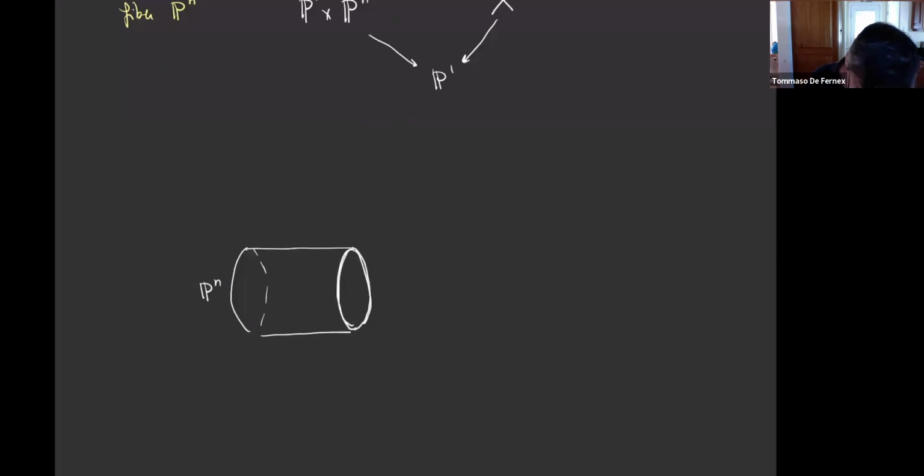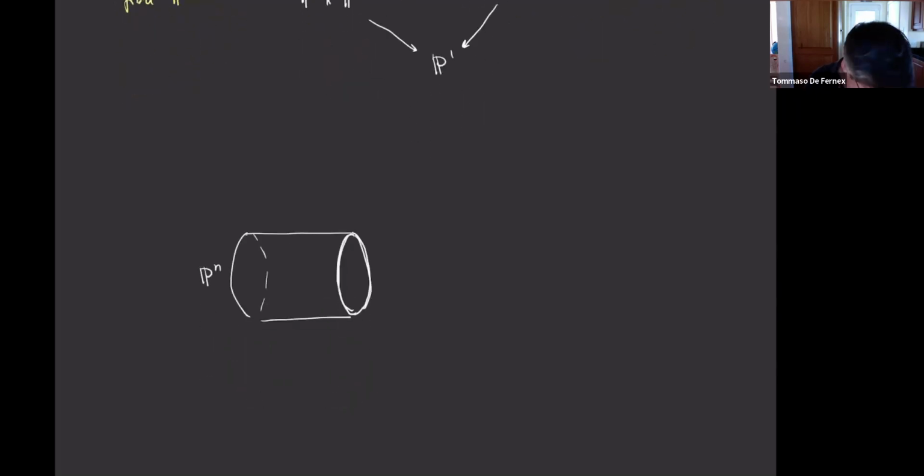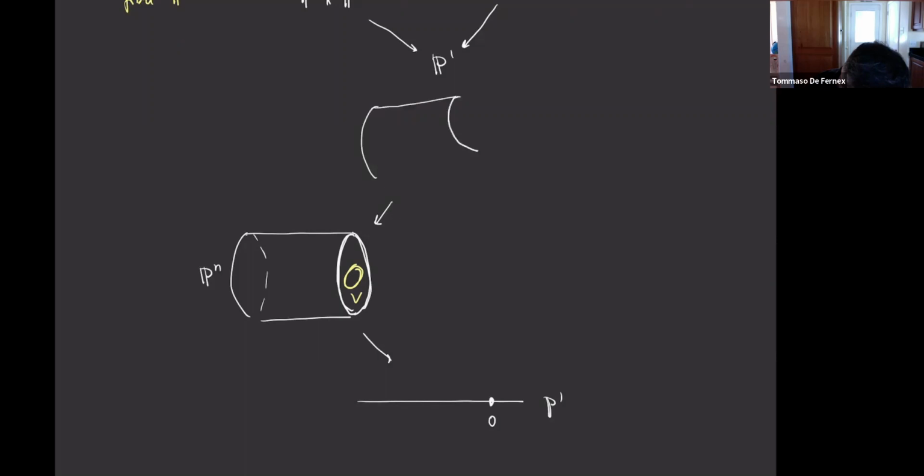And what I do is that I'm going to pick up some hypersurface, which I'm going to call V. I have a P1 here, and I have some point here, maybe a point 0. Now what we're going to do is we blow up V. So when we blow up V, now the new family is going to have two fibers over 0. One is going to be the proper transform of the previous fiber. And the other thing is going to be the section divisor.